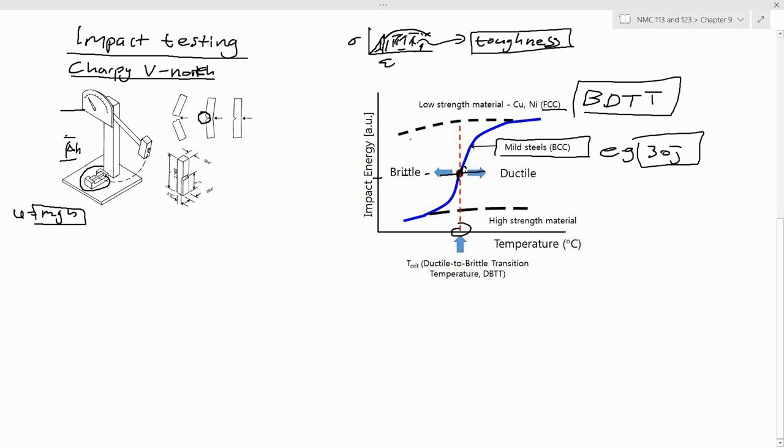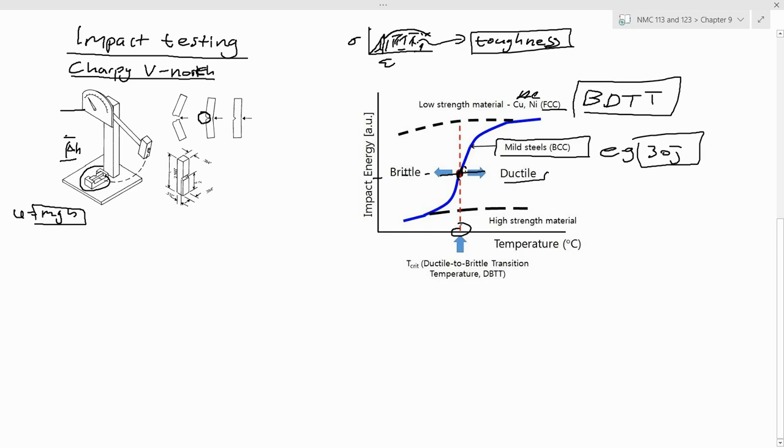Once you decrease the temperature to 0 degrees, it still remains ductile. Also aluminium, it's one of those materials. And you have some high strength steels. Even at higher temperatures, there's no transition to a ductile state. They remain brittle because they are so hard.